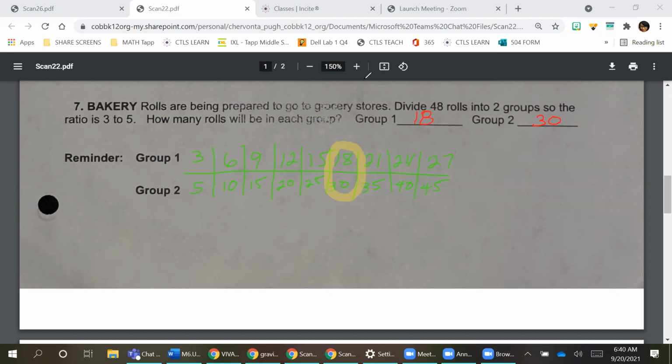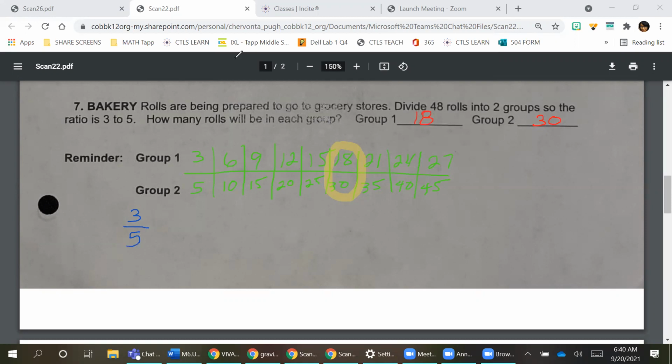All right, another way that you could have done this is by using what's called a tape diagram. So you would set up the ratio 3 to 5.